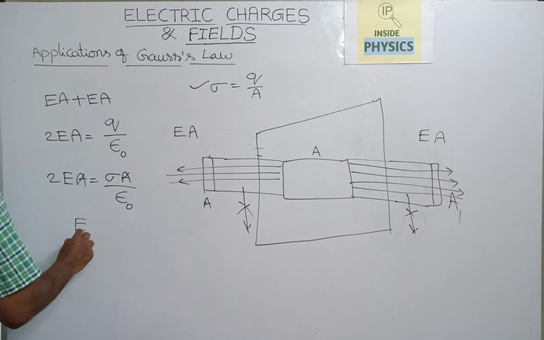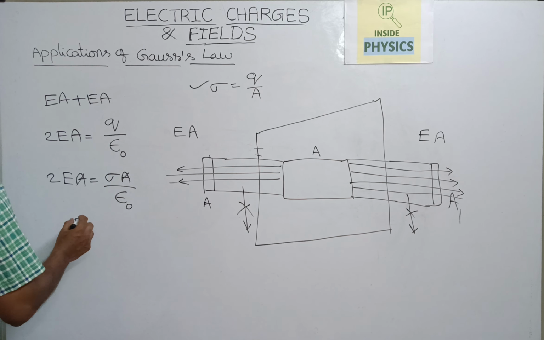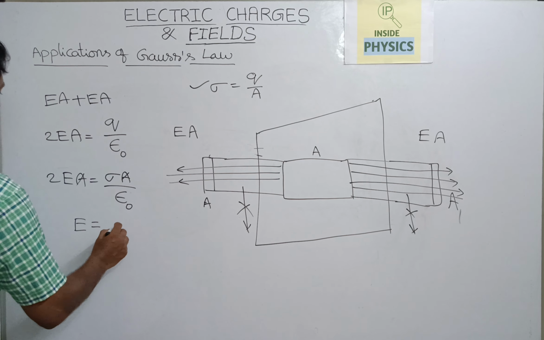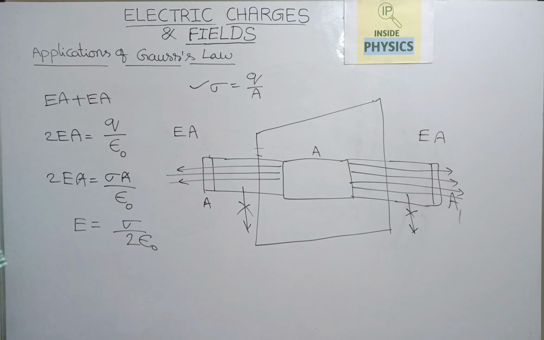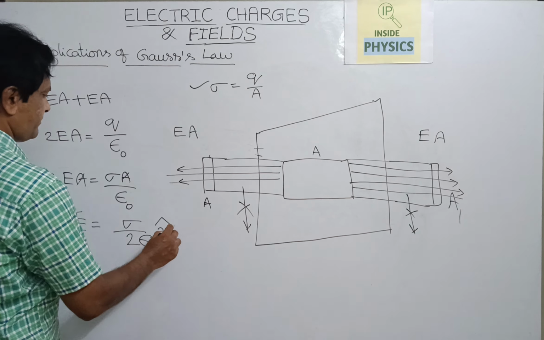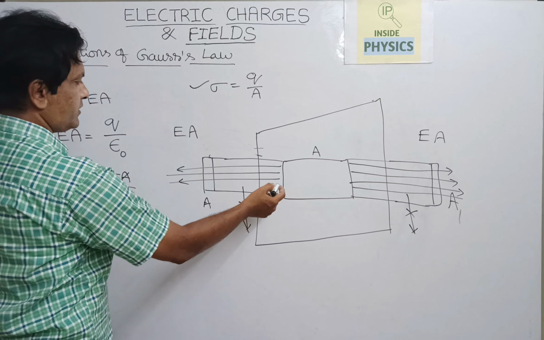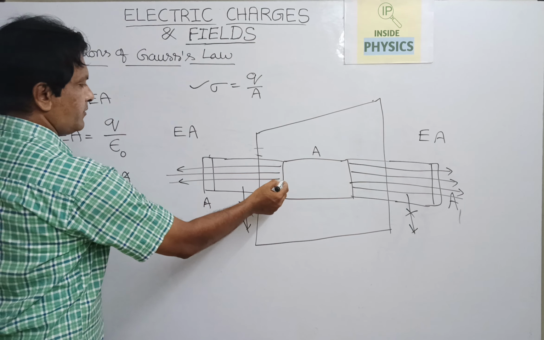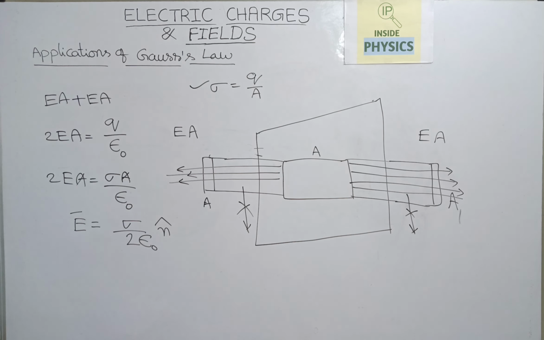That means the electric field due to an infinite plane sheet is equal to sigma by 2 epsilon naught. If you take it in the vector form, this will be E bar is equal to sigma by 2 epsilon naught times n cap. The direction of this unit vector n cap is along this direction, away from the sheet. So this is how we calculate the electric field.